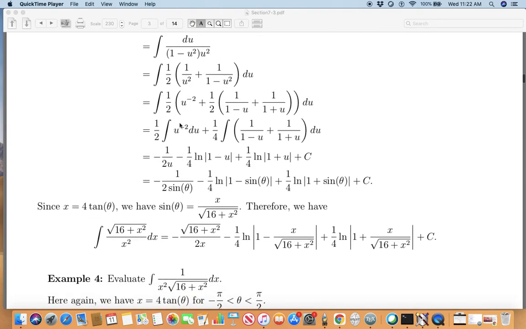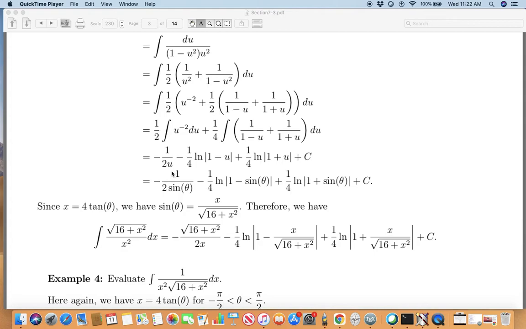The integral of u to the negative 2 is negative 1 over u. So that's resolved here. 1 over 4 is fine. The integral of this is natural log, except because of this minus, I have a negative here. Lastly, the integral of this is again natural log, plus a constant of integration.